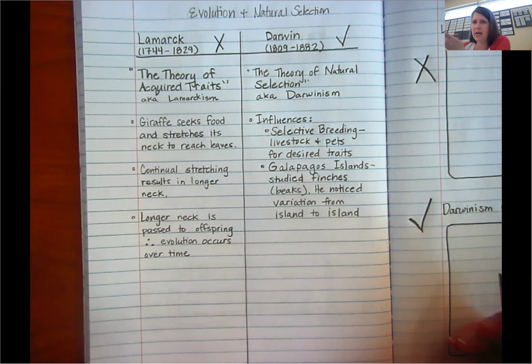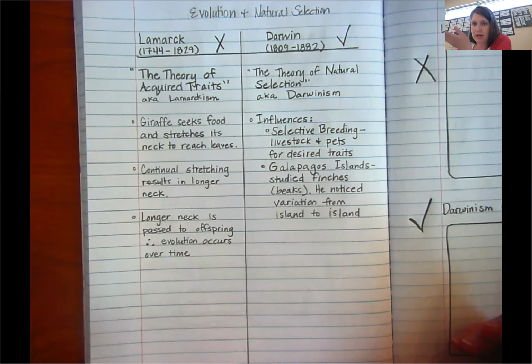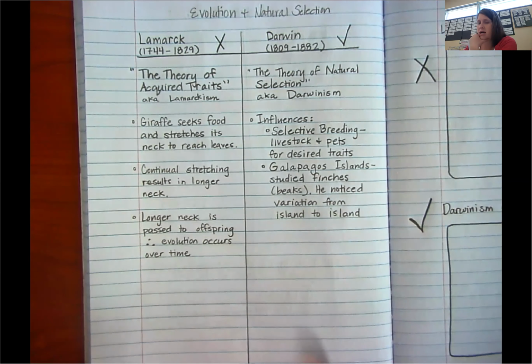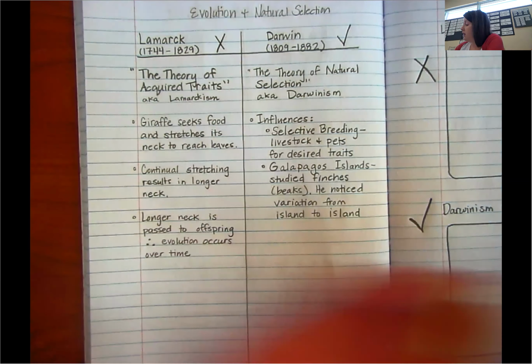He's like, wow, they're eating way inside of this flower, this very specific food that they could only reach if they had that specific beak. He's like, huh, that's weird. And each island had its own dietary need that that bird met. Why is that happening?